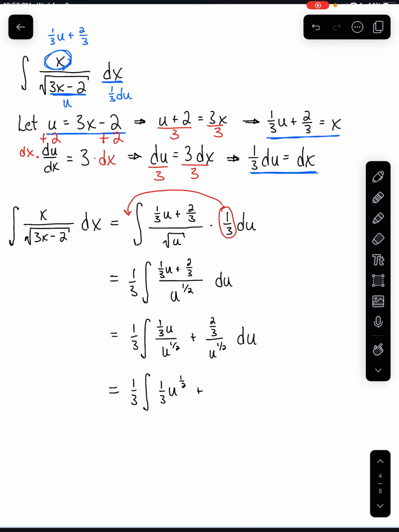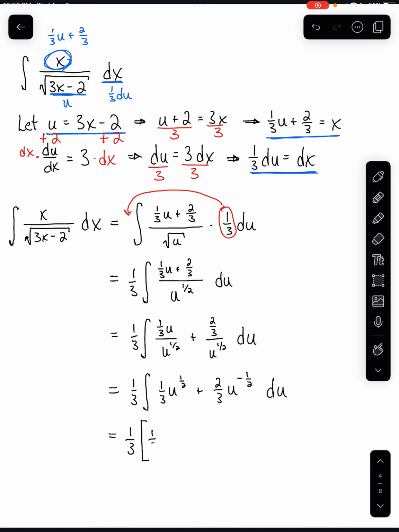In the second term, since there's no u in the top, we can simply move the u to the 1/2 up and make it u to the negative 1/2. And in this way, we can use the power rule on both of these. So we have the 1/3 in front of everything.